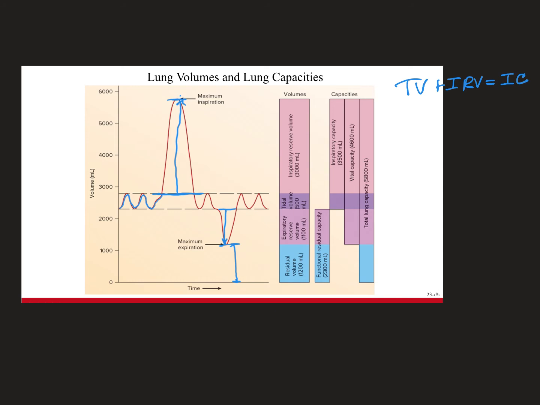Is it like breathing therapy? Well, yes, they'll do breathing therapy, but they'll make you cough. Now, would a cough affect my inspiratory reserve volume or my expiratory?